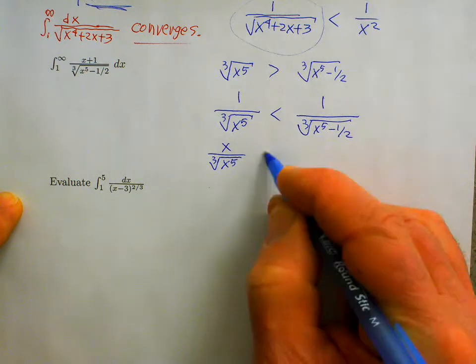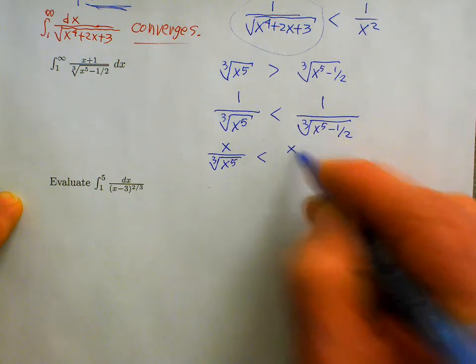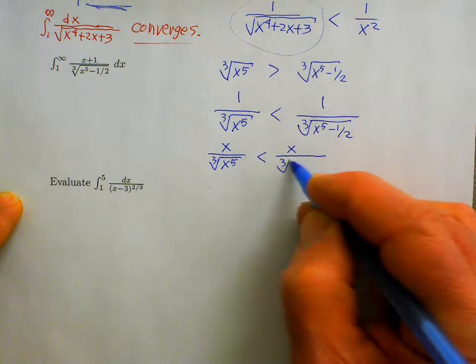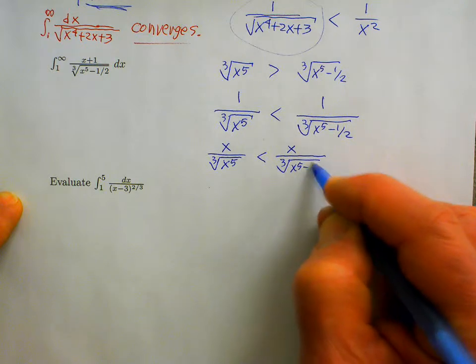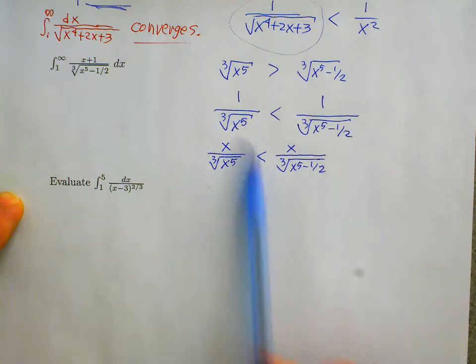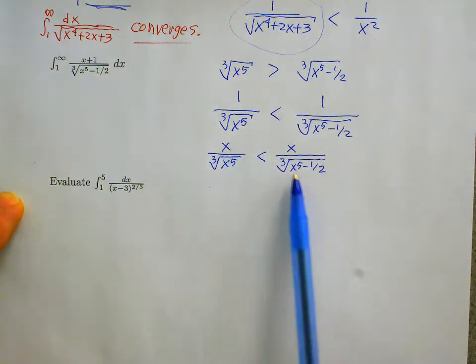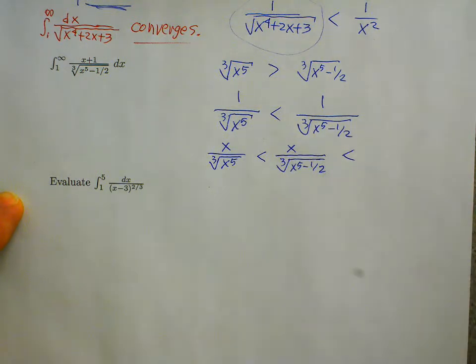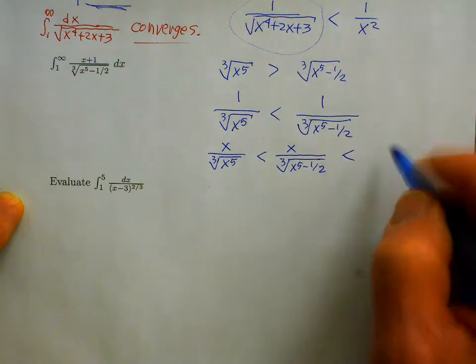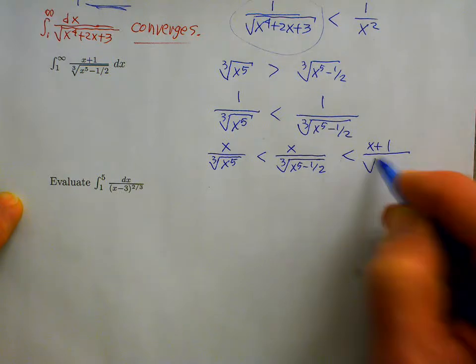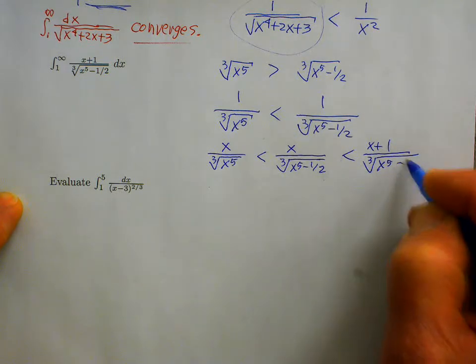That should still be less than x over the cubed root of x to the fifth minus 1/2. I'm going to leave the one on the left the way it is, and on this one, I'm going to add 1 to the numerator, so this one should be less than x plus 1 over the cubed root of x to the fifth minus 1/2.